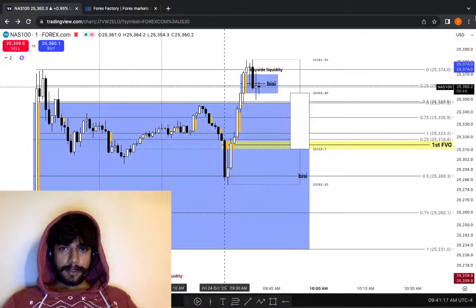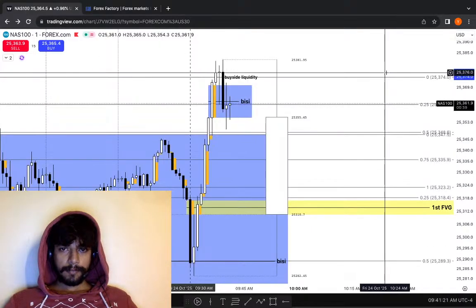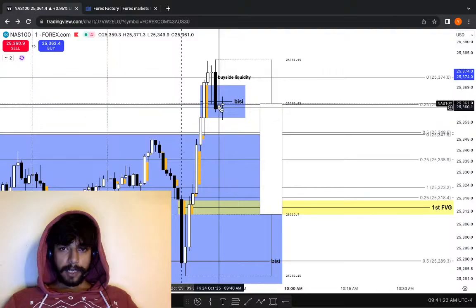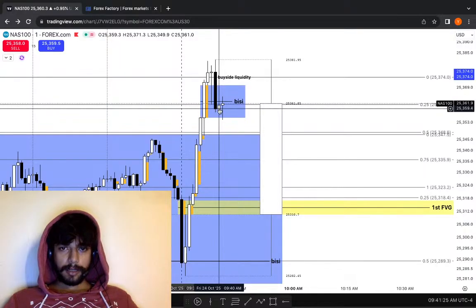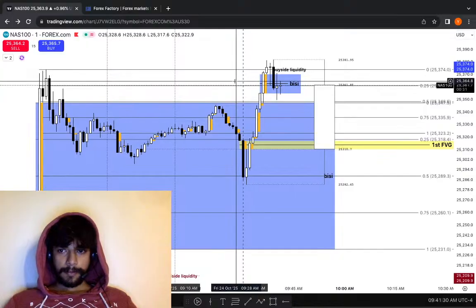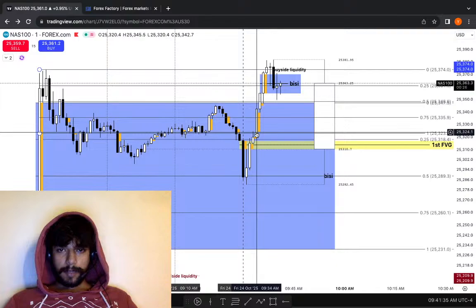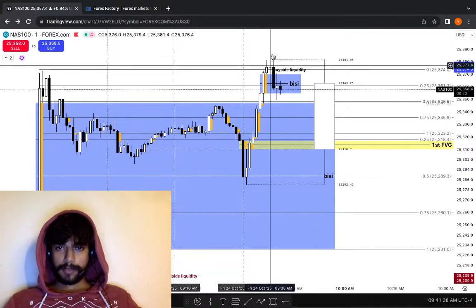So it is interesting to see. The bodies of the candle are closing inside this buy side imbalance, sell side inefficiency. But we got some good handles move right there, which was in a very smooth way.